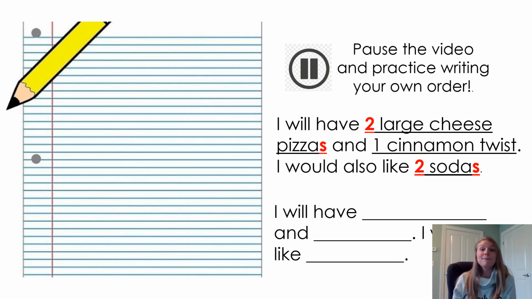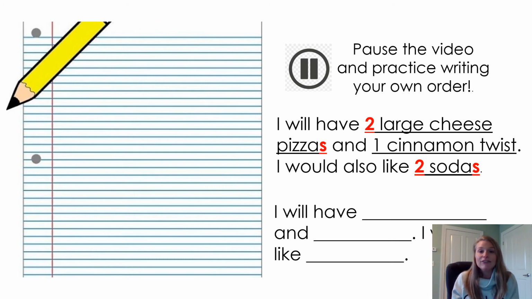Now it's your turn. Make sure that you've paused the video to practice writing your own order. You can even go back to the previous screen to look at that Domino's menu and just copy down the orders of what you would like. So I put my writing right at the top for you. Let's read it together.